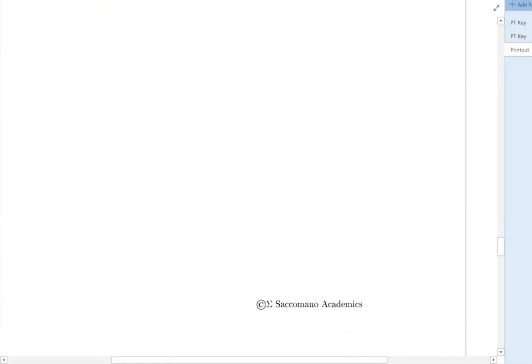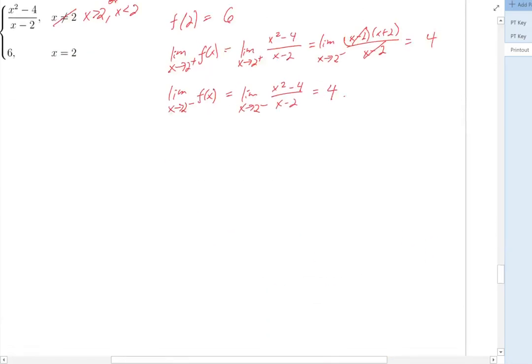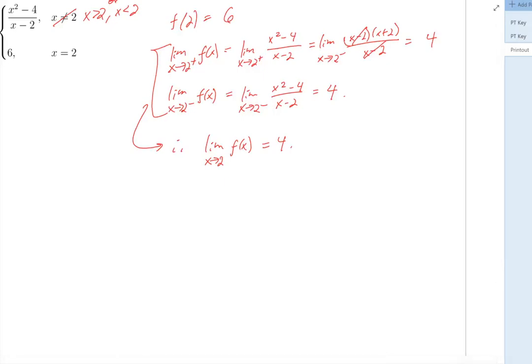So I better address that two-sided limit, right? So I better take both of these and say, well, therefore, the two-sided limit as x goes to 2 of f of x equals 4. Which, when I write that, it implies that it exists. And then I can write the definition.